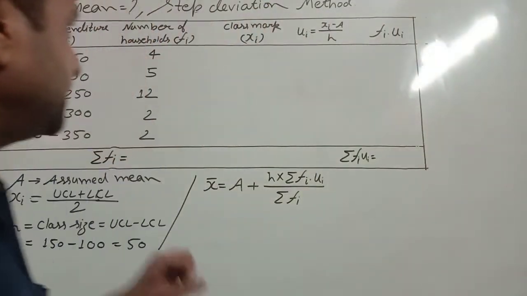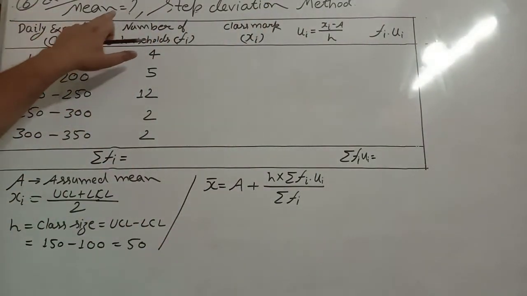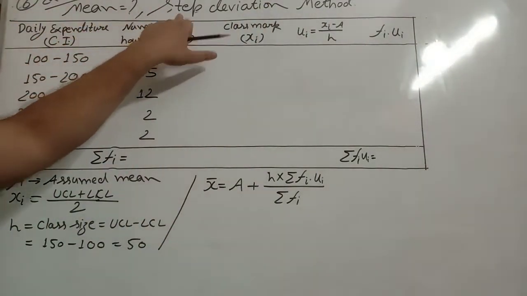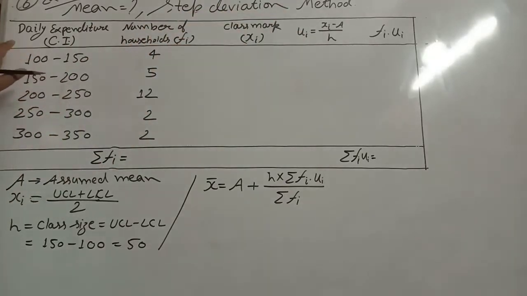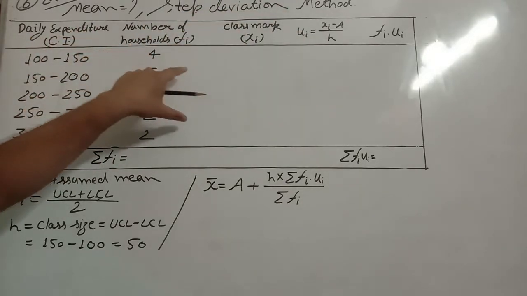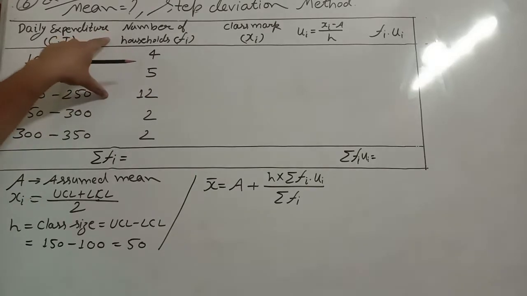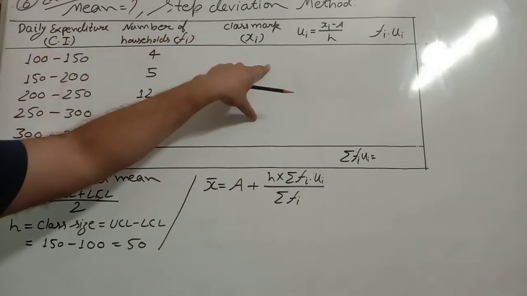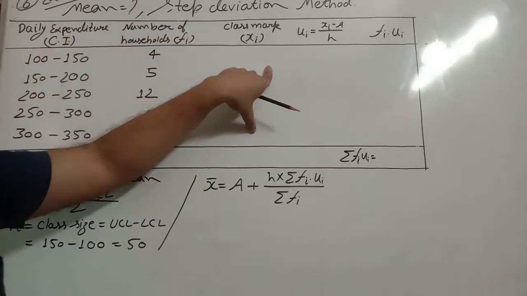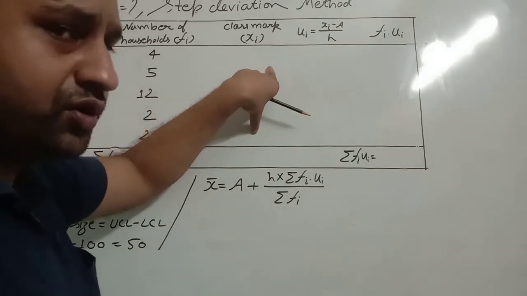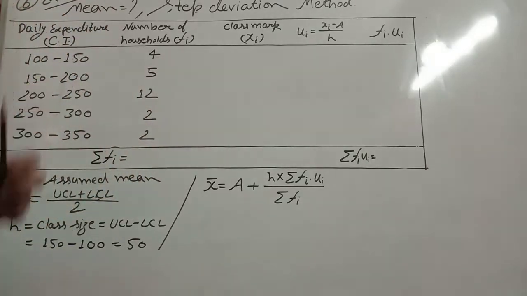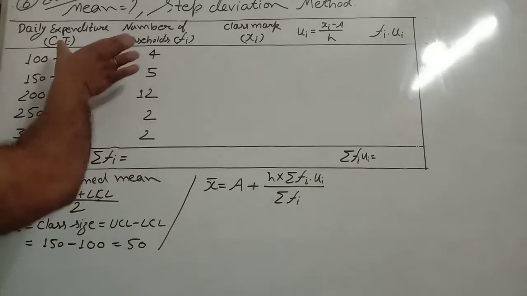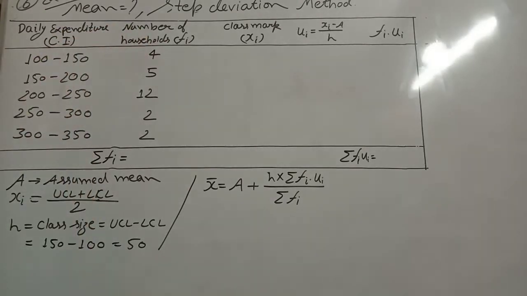Note down question number 6, in which mean is equal to question mark, and we use step deviation method. In the step deviation method, we draw 5 columns, while in the assumed mean method we draw 4 columns. Of the 5 columns, 2 columns depend on the question, like in direct method and assumed mean method: we write class interval and fi.